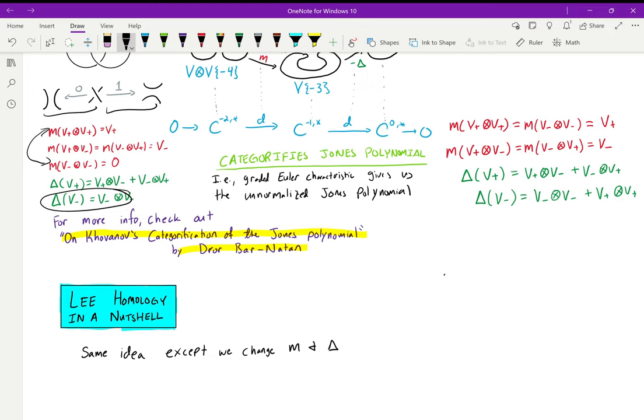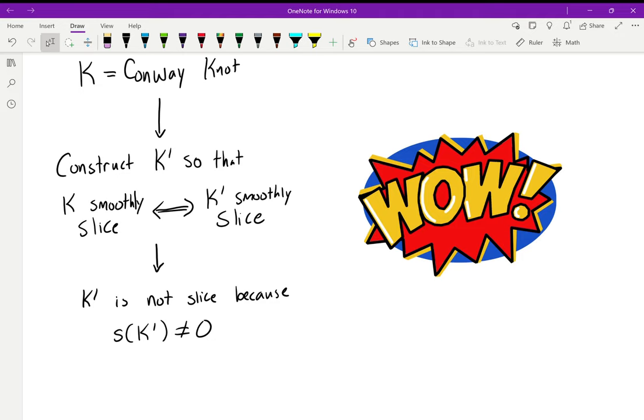And you show that this one is not slice because when you compute the S-invariant of this knot, it's not 0. There's another result you can show, but it's not if and only if, it's only one direction. If it is slice, then its S-invariant is 0. So if it's not 0, then it's not slice.